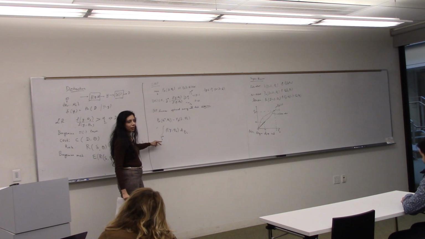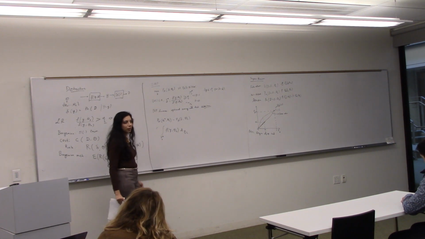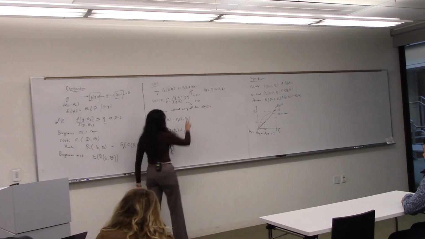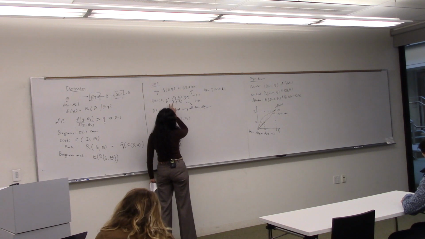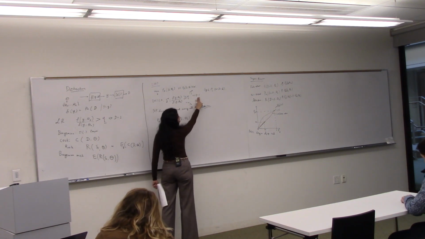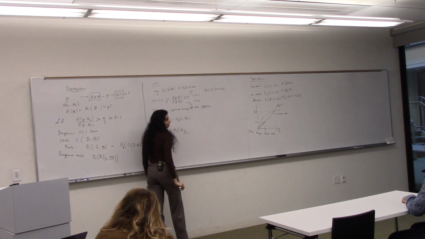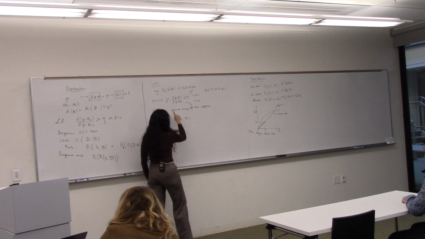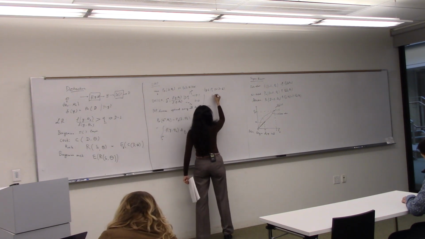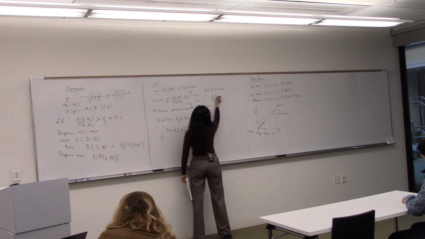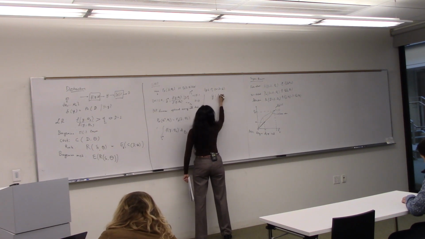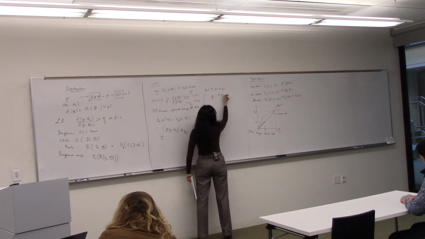The notation is gamma 1 star for that. Gamma 1 star is the decision region for the likelihood ratio detector where it says 1. So this would be y such that delta star of y is 1.